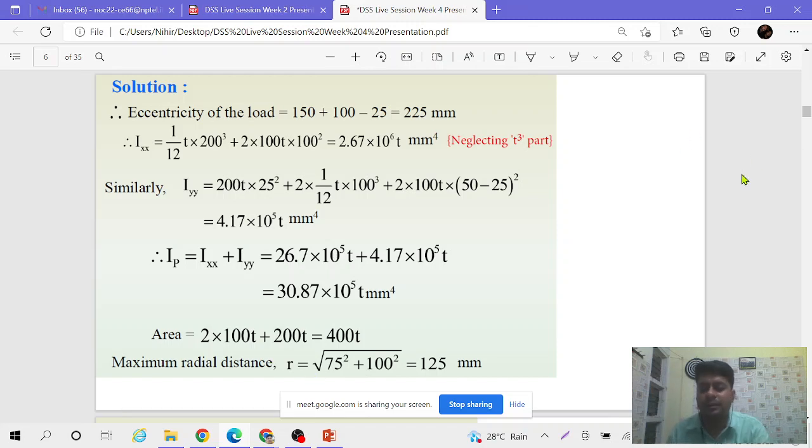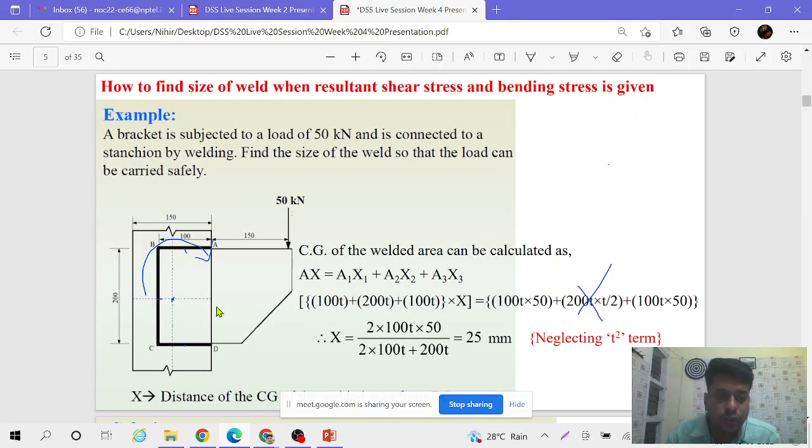What will be the maximum radial distance R in this case? Let us suppose this is the CG of the weld. So its maximum distance R will be this distance. Our calculation is basically based on this distance, because this is the critical portion.